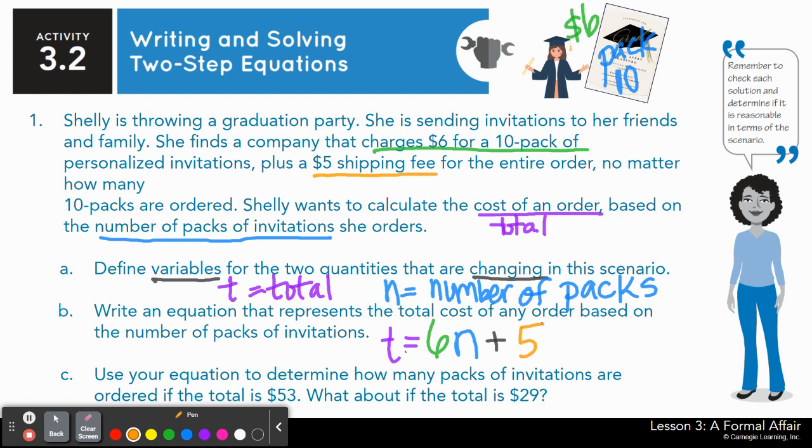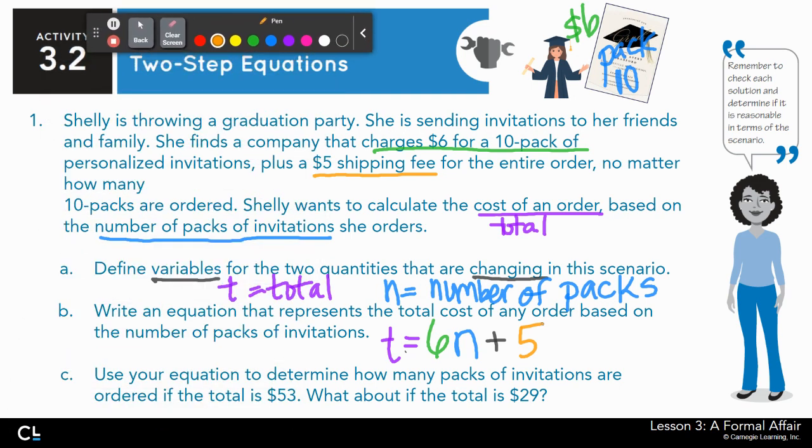T for our total is determined by $6 times N, because $6 is the cost for each pack, plus the $5 shipping fee. Also notice I've color-coded each of those terms so that you can easily see where I'm getting those numbers from and why I've put them there. If you have questions, try to ask a neighbor.